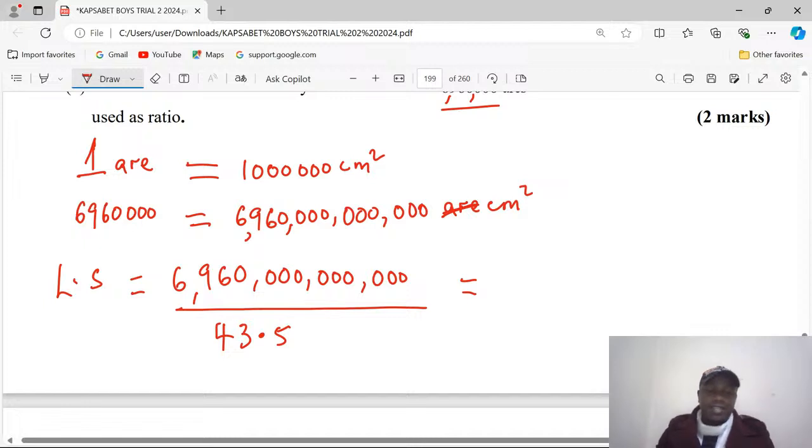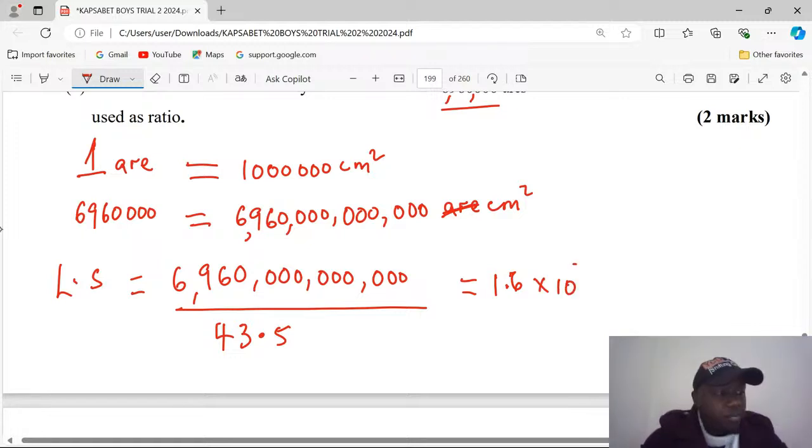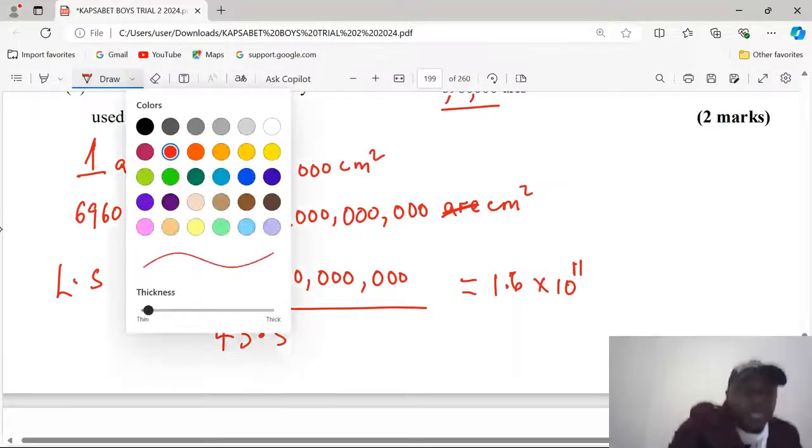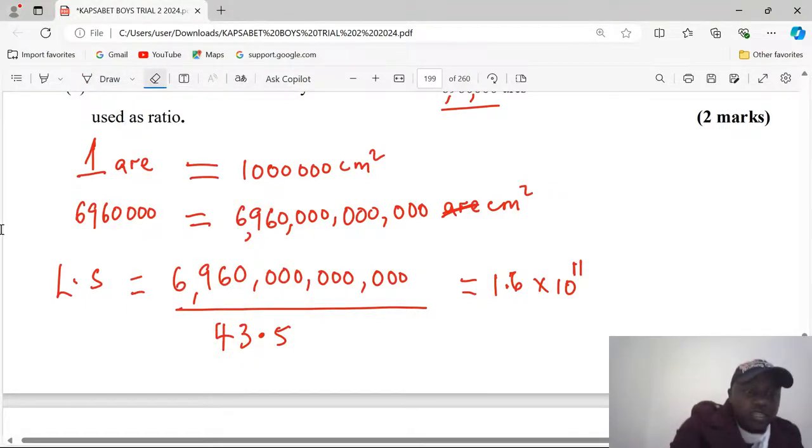This is giving us exactly 1.6 times 10 power 11. So now we can just take the square root. Remember, because we have divided two areas, whatever we are getting here is the area scale first.